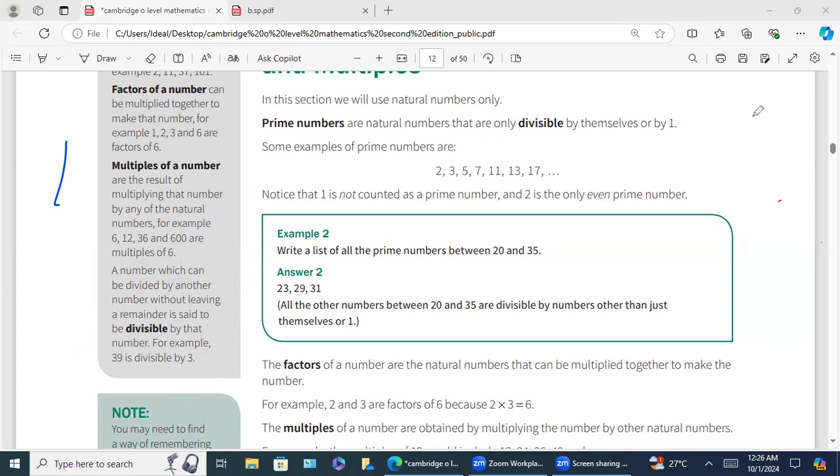Okay. Dear student, I want to explain multiples. Do you know what a multiple is? We have 6.